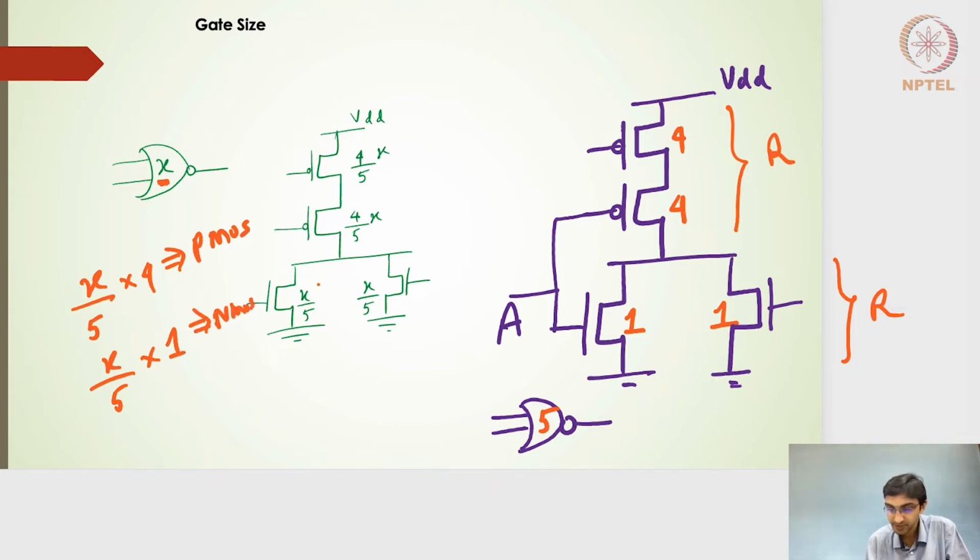So that's what we have, X by phi here, and then 4 by phi X. And again, it's a symmetrical gate, so both the inputs should see the same capacitance of X. So 4 by phi X will be given to the other input PMOS transistor, and X by phi will be given to the other input's NMOS transistor. So put together, the overall capacitance seen at the input side will be X.